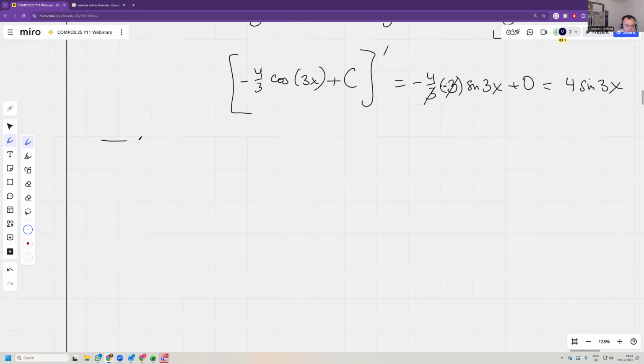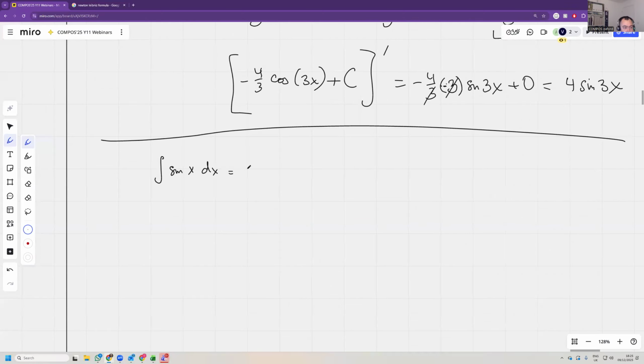I'll do some more examples. The integral of sine x dx is minus cos x. We already know that. So the integral of sine(2x plus 3) dx is minus 1/2 cos(2x plus 3).